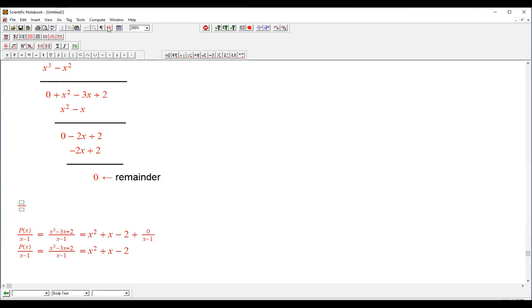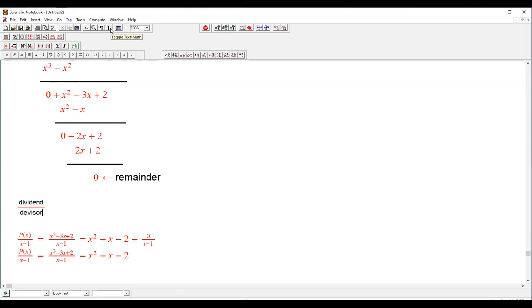Okay, dividend over divisor is equal to quotient plus another fraction form, where the numerator is the remainder over the divisor.